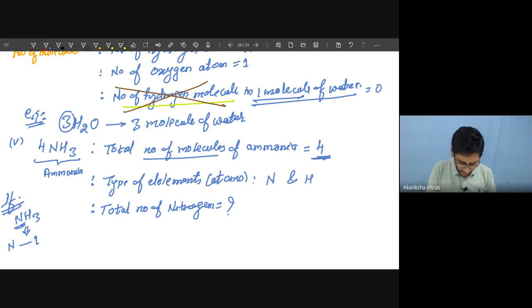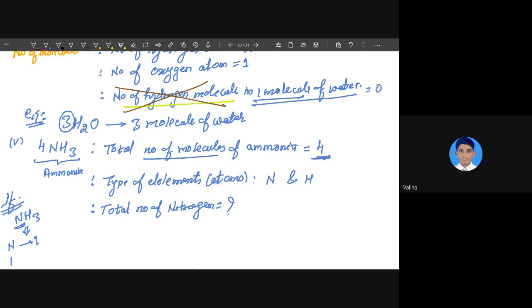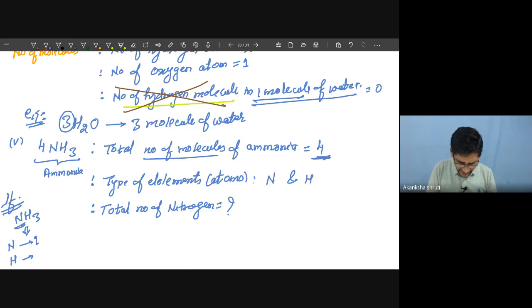Here it is 1. Number of hydrogen atoms is how much? Here it is 3. But in our case, what is given? 4 times NH3, which means this nitrogen will also multiply with 4 and hydrogen will also multiply with 4. Okay, student?